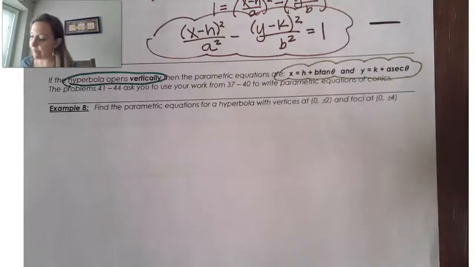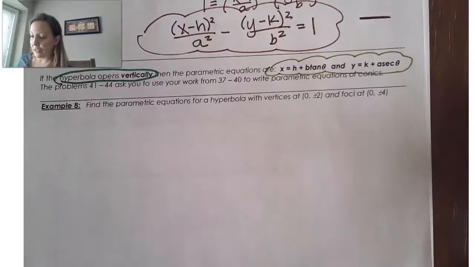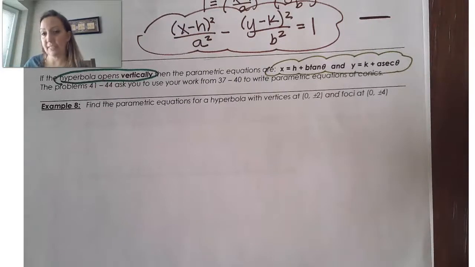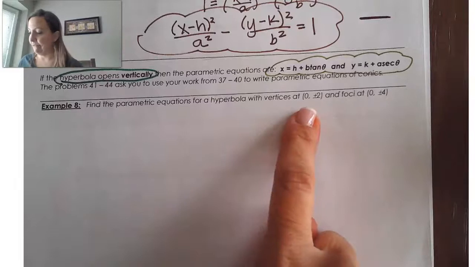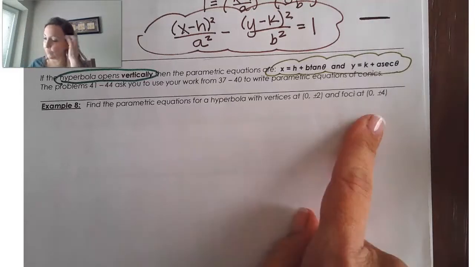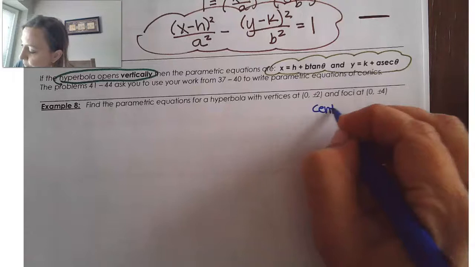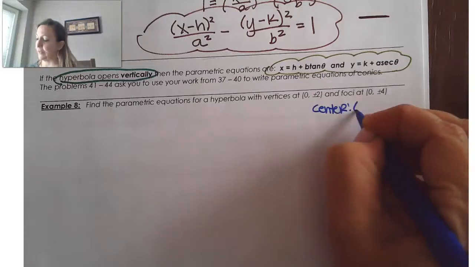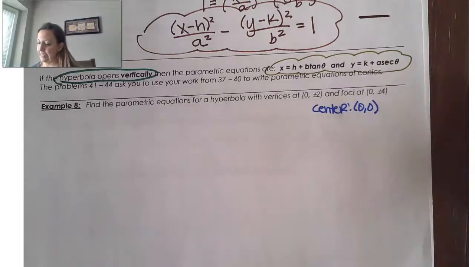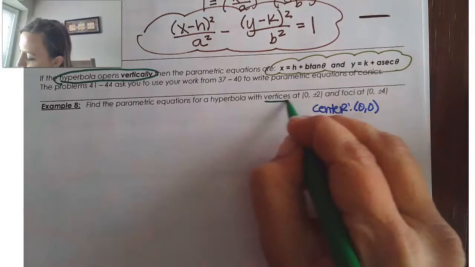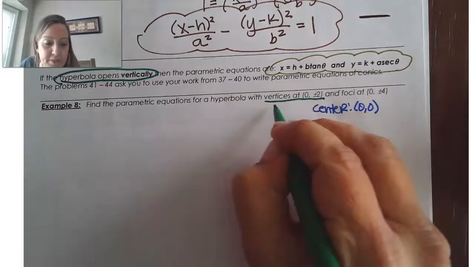So this says to find the parametric equations for a hyperbola with vertices at 0 plus or minus 2 and foci at 0 plus or minus 4. So what this tells us, first of all, based on what we know about our conic sections, is our center. We know our center is at 0, 0. And if we have these vertices at 0 plus or minus 2, this tells us our a value, doesn't it?